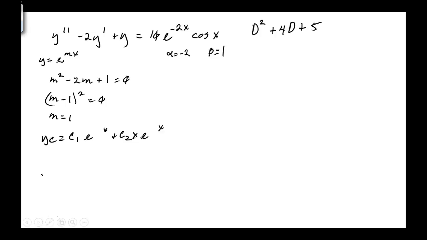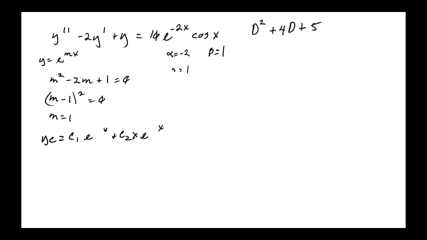C1 e to the x plus C2 x e to the x. And that's what they got. So those are done. And then we found out our alpha is equal to negative 2, our beta is equal to 1, n is equal to 1. I guess I should write that down too. n is equal to 1. You probably should list all three of them.